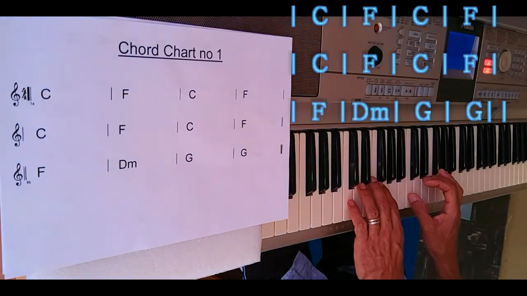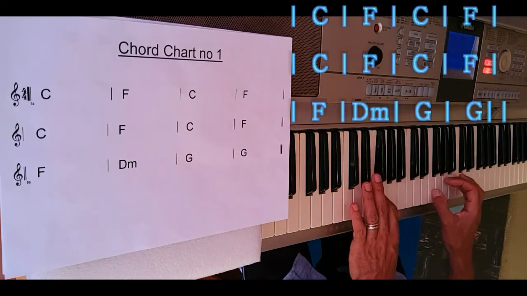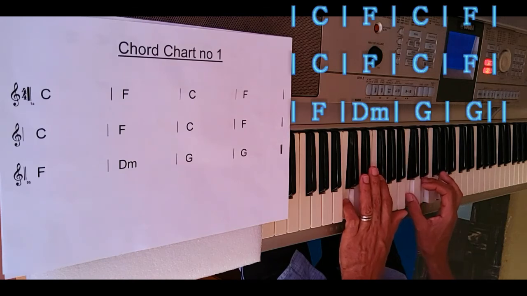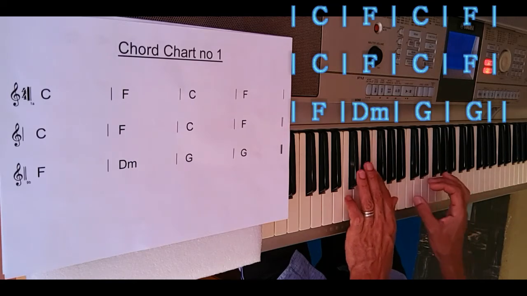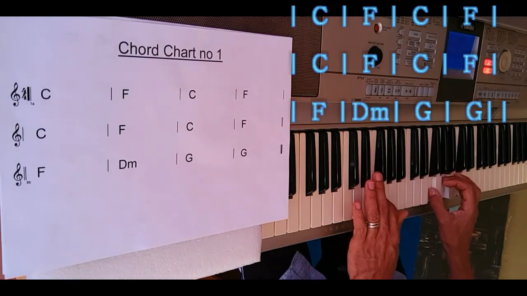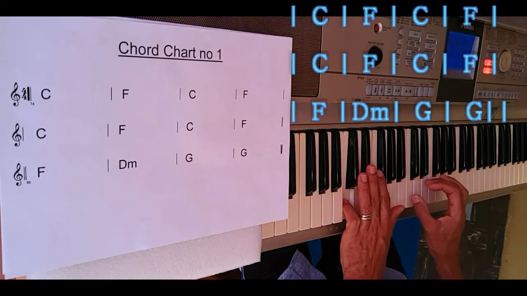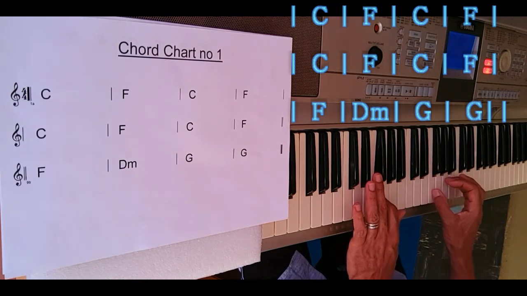1, 2, 3, 4. 2, 3, 4. Now the F chord. 1, 2, 3, 4. F chord. 1, 2, 3, 4. Back again. 1, 2, 3, 4.